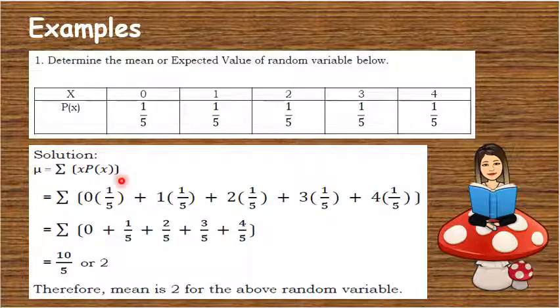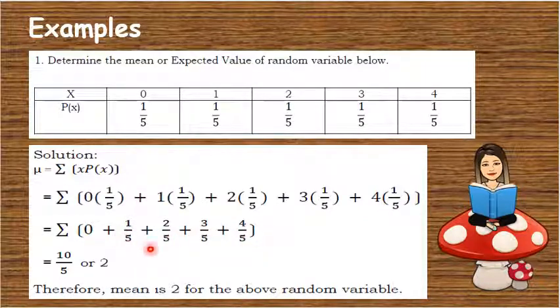So, we have 0 times 1 over 5 plus 1 times 1 over 5 plus 2 times 1 over 5 plus 3 times 1 over 5 plus 4 times 1 over 5. So, let us simplify. This is equal to the sum of 0 times 1 over 5, syempre is 0, plus 1 times 1 over 5 is 1/5, plus 2 times 1 over 5 is 2/5, plus 3 times 1 over 5 is 3/5, plus 4 times 1 over 5 is 4/5.